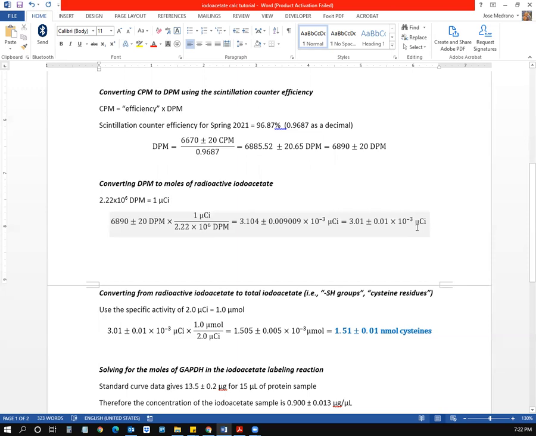Of course, if you don't want to deal with scientific notation at this point, you could convert this to nanocuries.